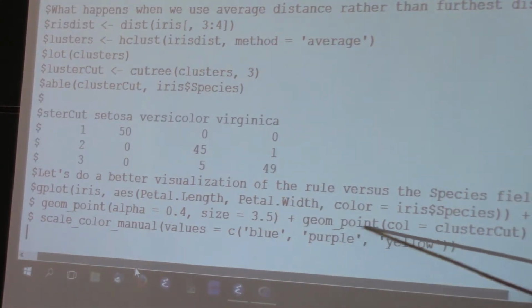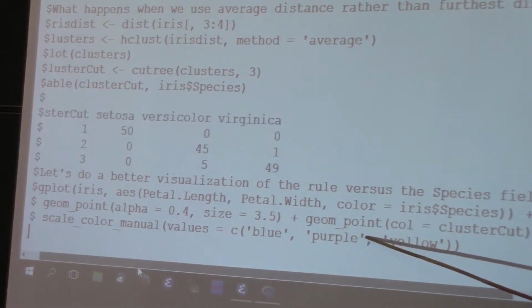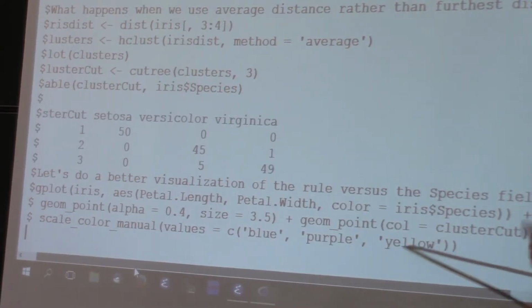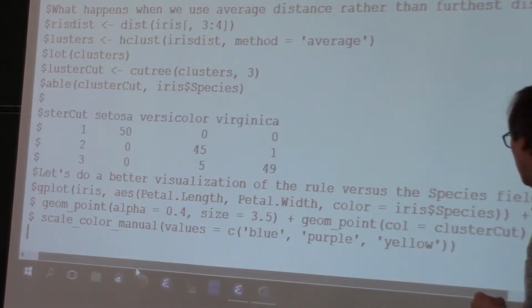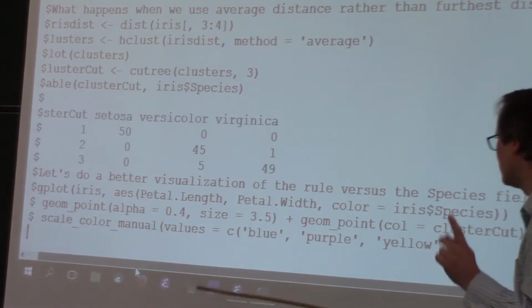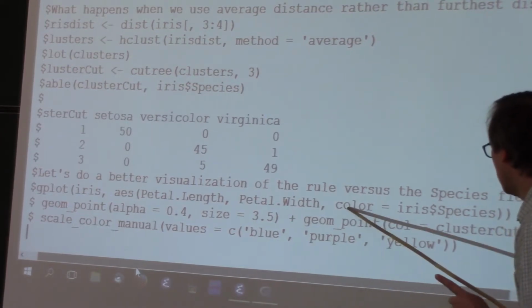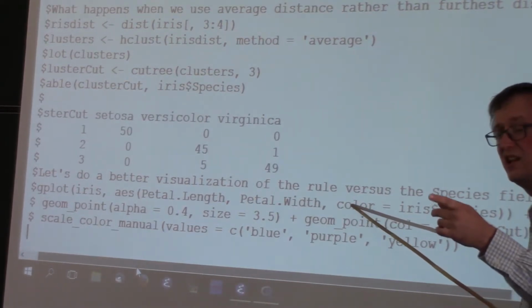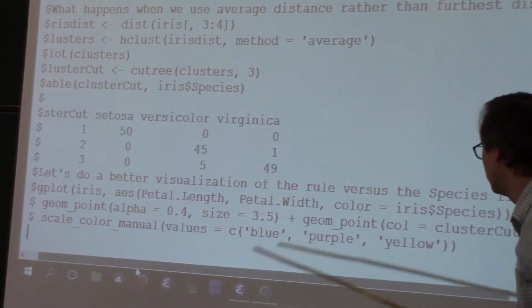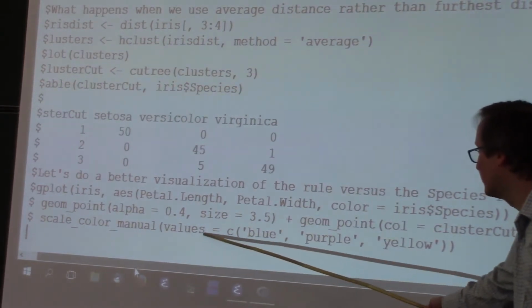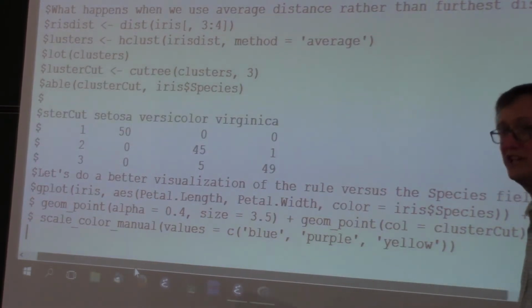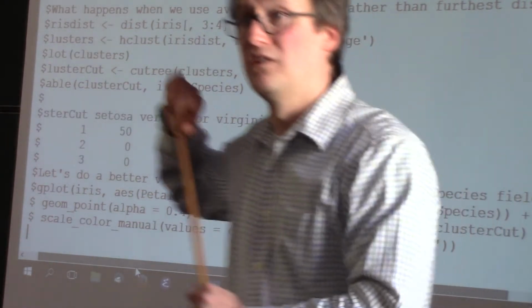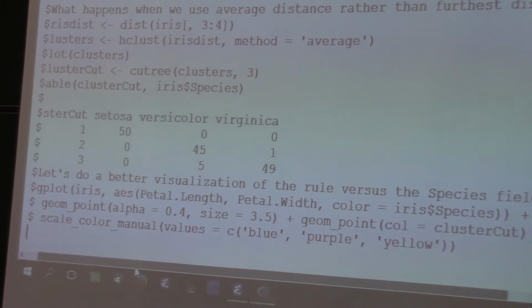On top of that, we're layering on a point of standard size and transparency that is colored based on whatever cluster number came out of here. I've also done a little trick here: the color for species is using the default palette, but the colors that I'm using for these scaled points are blue, purple, or yellow, because those 3 colors were not used in that plot. So let's look at what comes out of this.